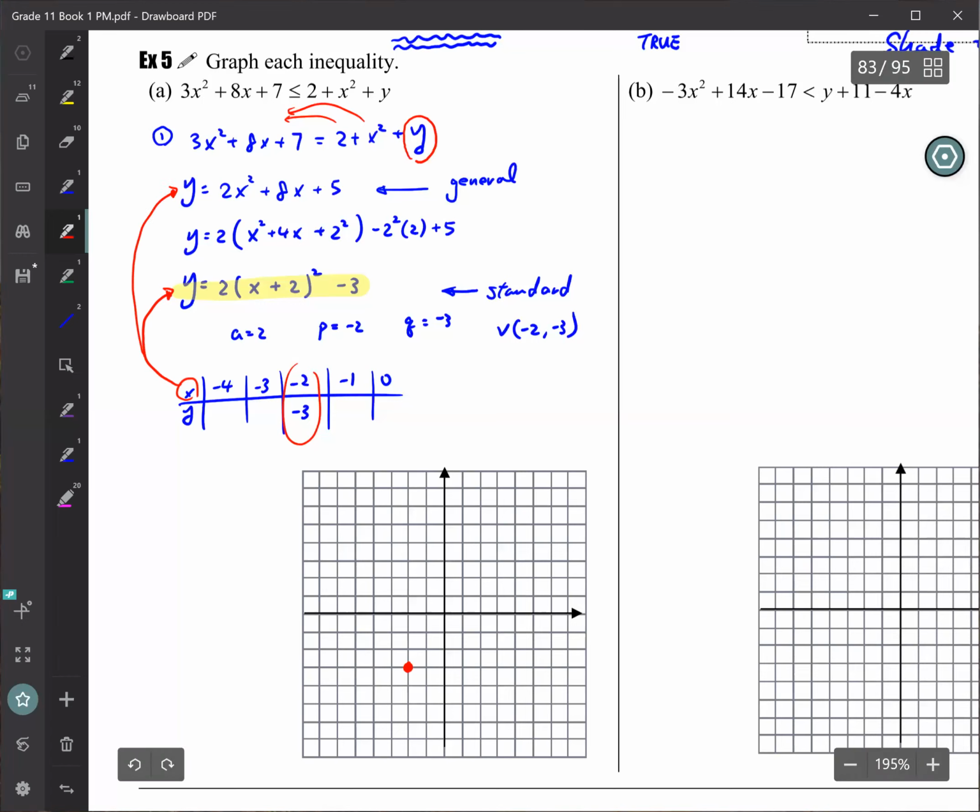Don't plug into the question, because it doesn't have the y isolated. Plug into the one that's either general form or standard form. Please put up your hand when you finish the table.